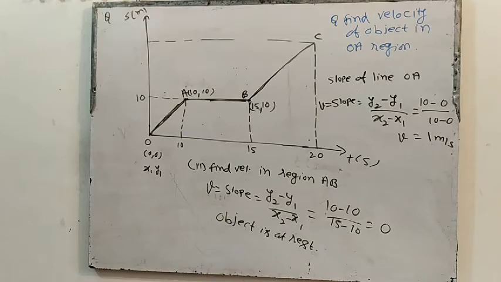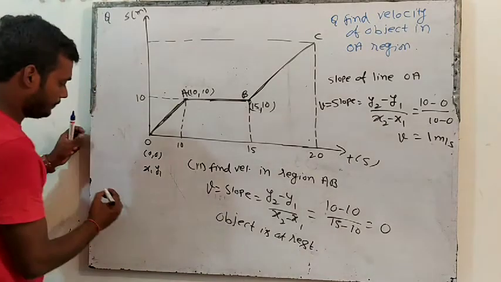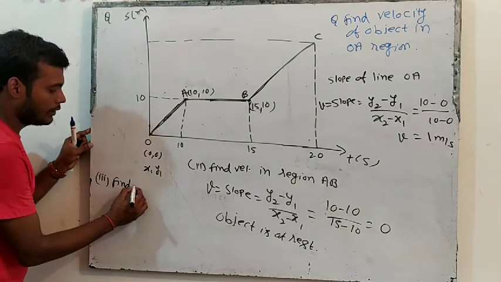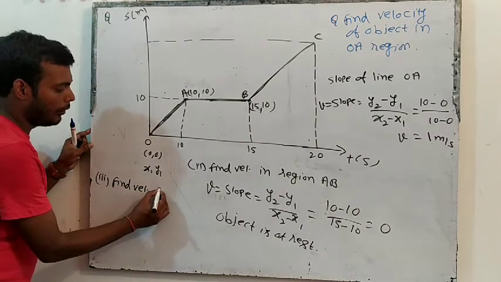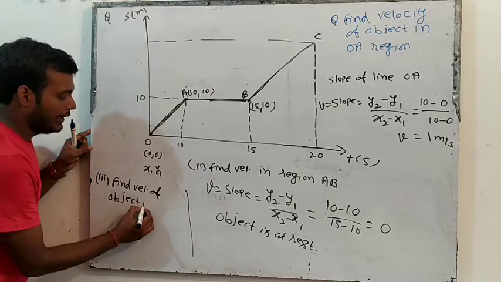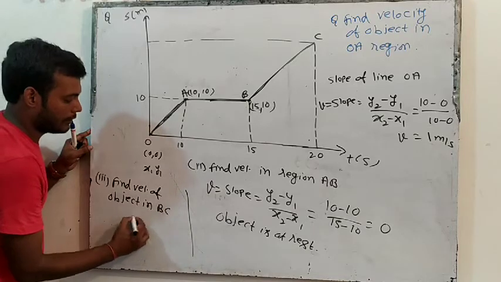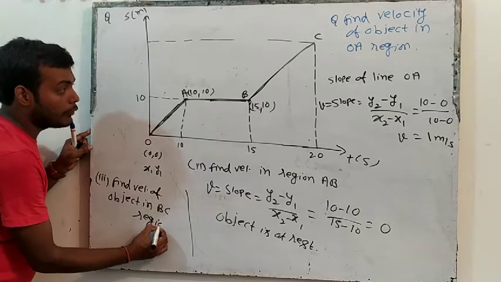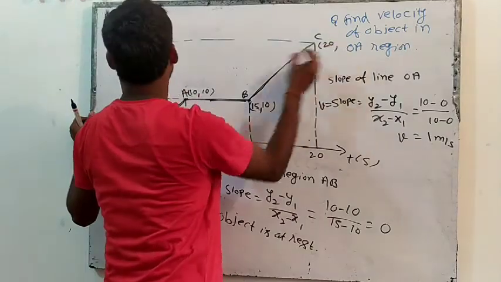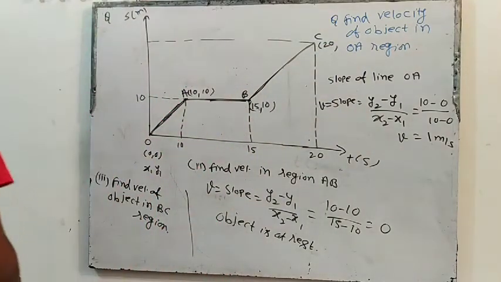So you can find it in the BC region. Write the next question, question number 3. Find velocity of object in BC region. You can find it by yourself because what will the C coordinate be? 20, oh sorry, this coordinate I have not given.